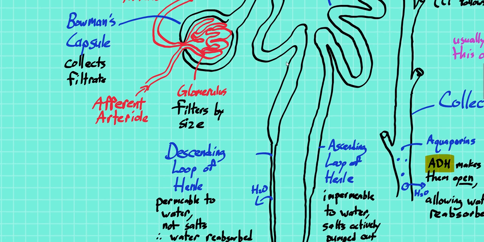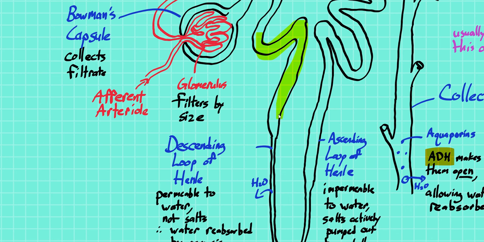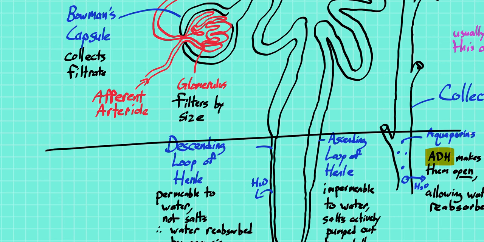The next section, as we come past the proximal tubule, we're going to be down, down, down into the descending loop of Henle. The descending loop of Henle makes a transition between the cortex above and dips down into the tissue of the medulla.